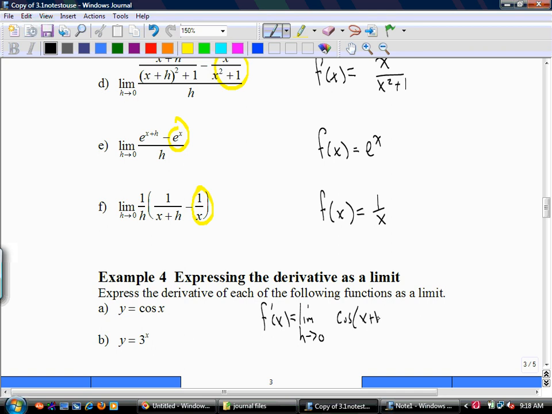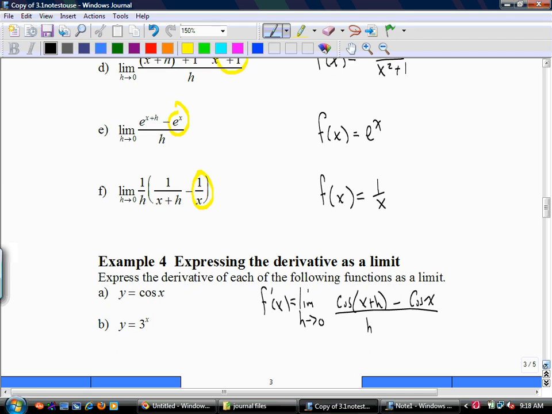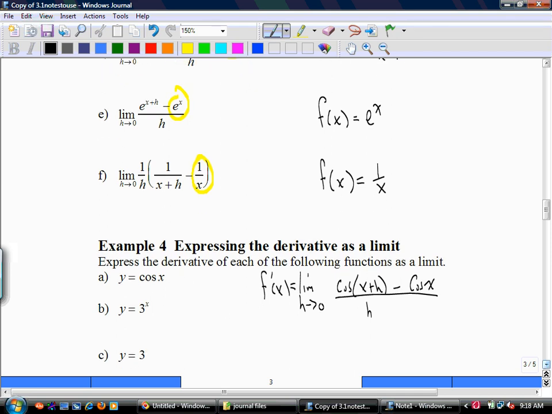Cos of x plus h minus cos x all over h. Remember all those identities that we learned in Math 12 and Chapter 5 and wondered why we really had to learn them? This is why. Because we really don't need sum and difference identities for anything else other than this question right here.